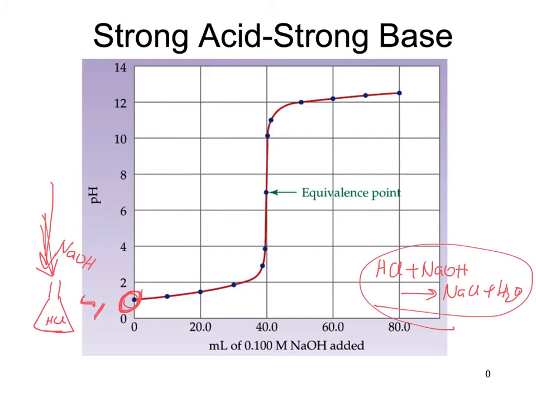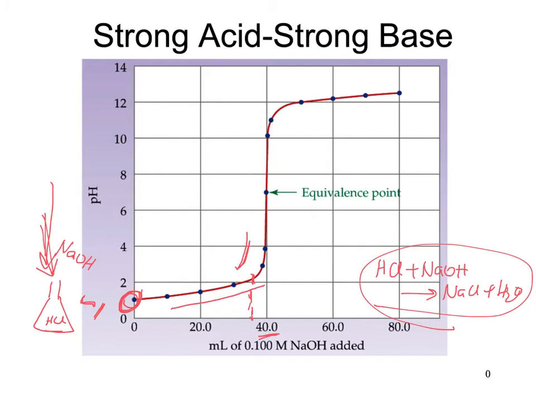So notice there's an increase in the pH, but then right around, perhaps 40 milliliters in this case, it starts a little bit before that, but the rise in the pH tends to be pretty dramatic.